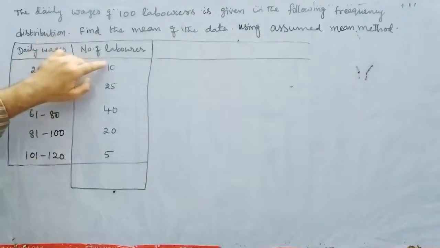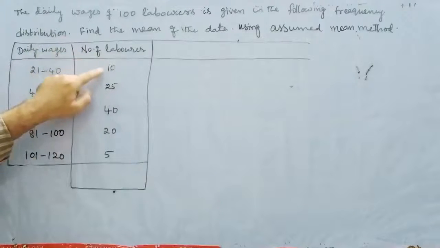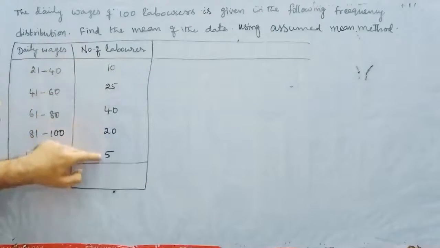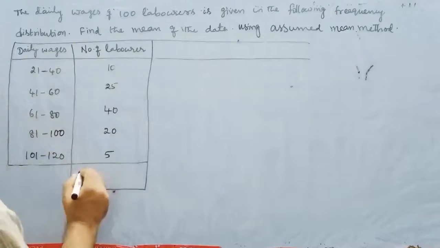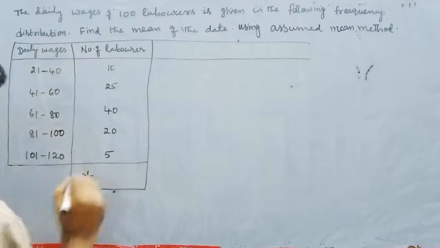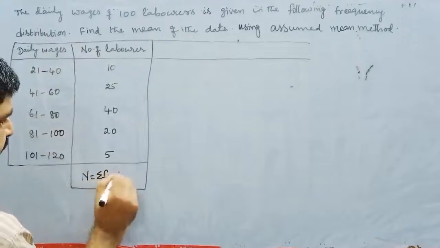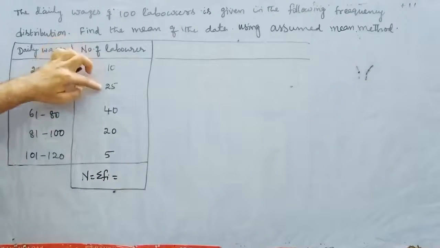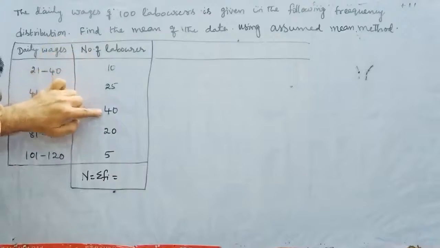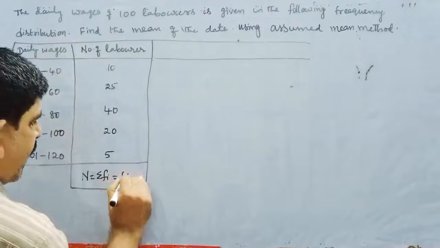The number of laborers is nothing but the frequency: 10, 25, 40, 25, 5. So n is the sum of the frequencies, sigma fi, which is 35, 75, 95, 100. 100.